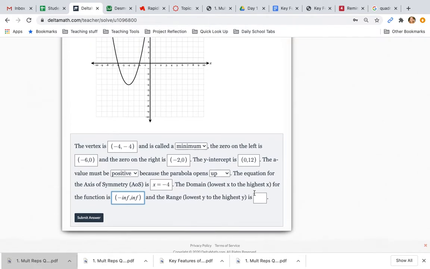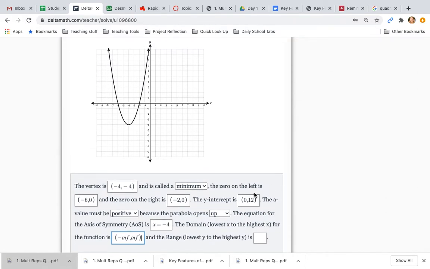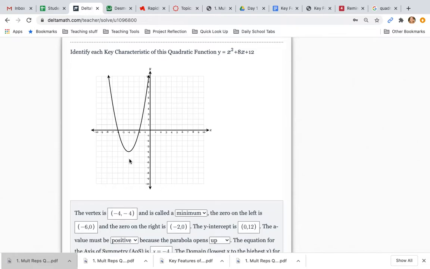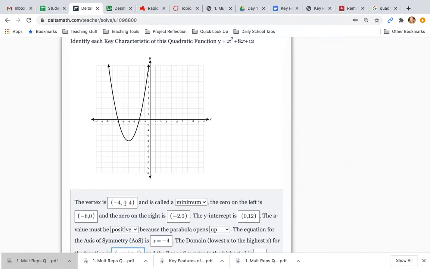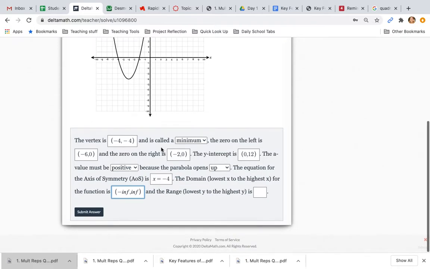And the range is your lowest y to your highest y. So all you have to do is look at the y from your vertex. Remember, if I were to take a pencil, like I said, you can't see me, but I'm taking a pencil with my right hand here, and I'm moving it from the bottom up because it's your lowest y to the highest y. If I were to do that, my lowest y at that point, if you look over to your y-axis, is -4. But it is also the same as the y from the vertex. So my lowest is -4, and remember I told you to put a bracket.